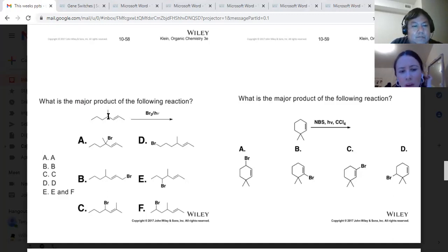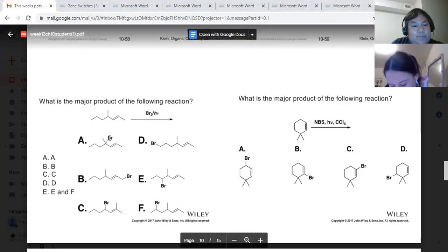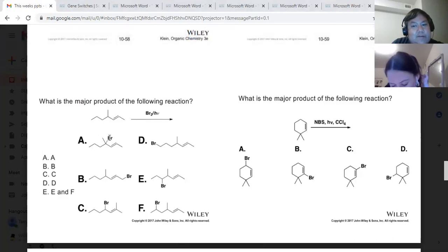So would the minor product be B? The minor product would be no, the minor products aren't on here at all. There's actually two minor products, and technically A is a stereo center, so there should be two answers here for A. But don't worry about that so much.